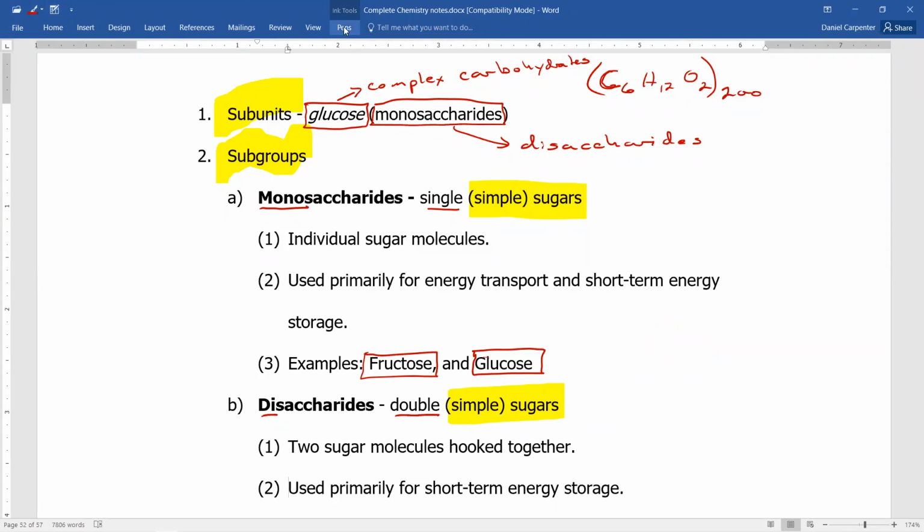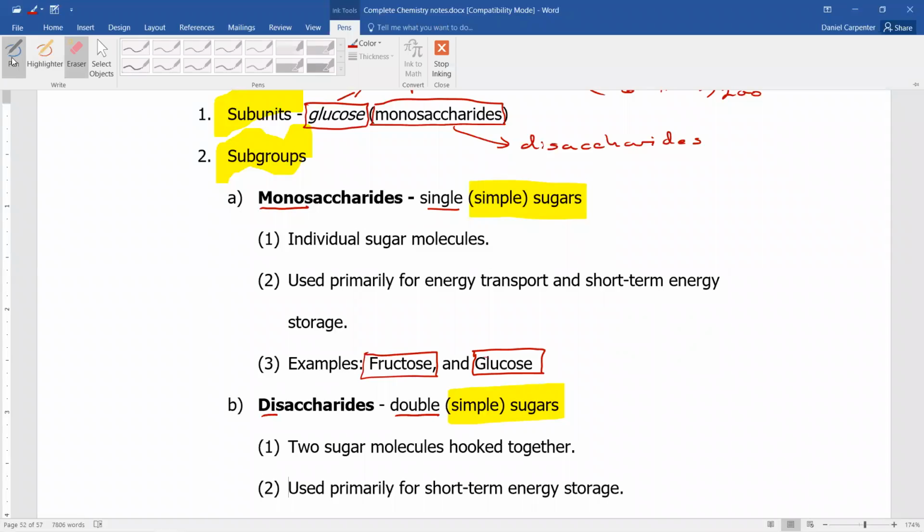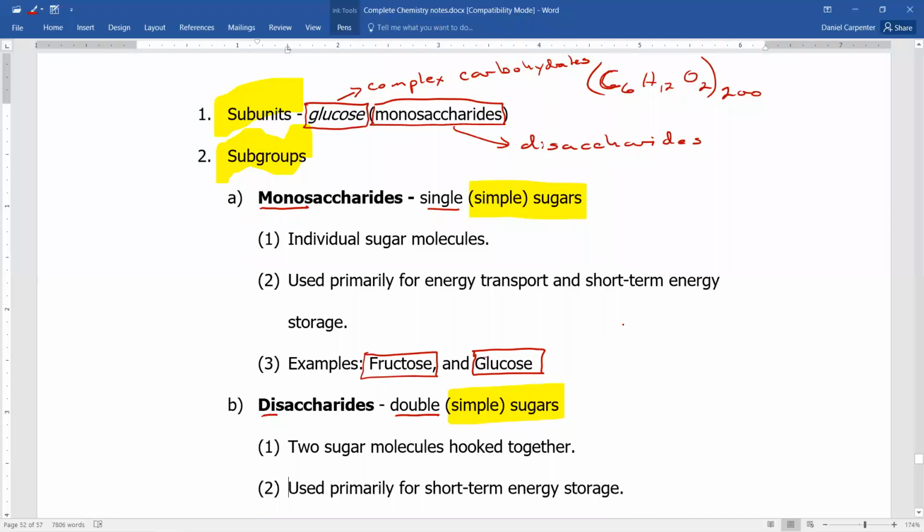So if we drew the superest simplifiedest diagram of a monosaccharide, depending on which monosaccharide we drew, it might look like that. And it's possible to do a neater job.